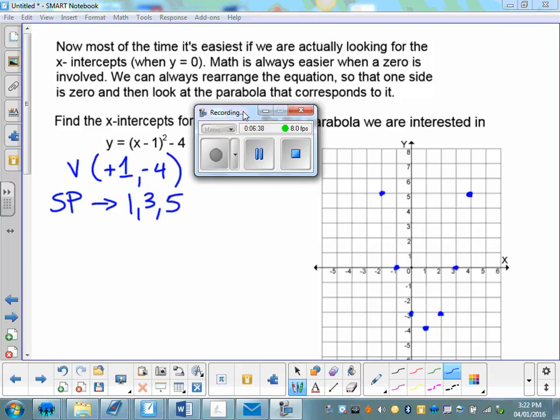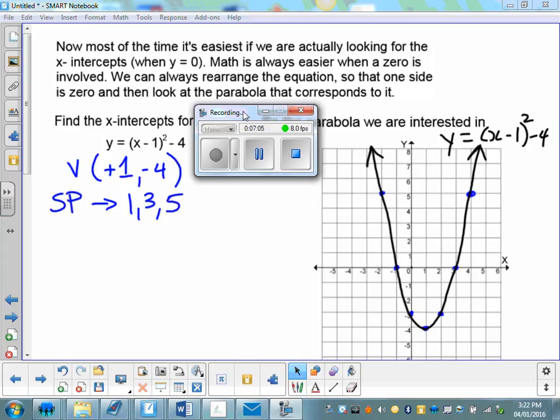So it would look like that. And then I could draw my parabola through those points. So remember, it's a curve, so it's going to look like that. So that's what the equation y equals x minus 1 squared minus 4 looks like when I graph it.